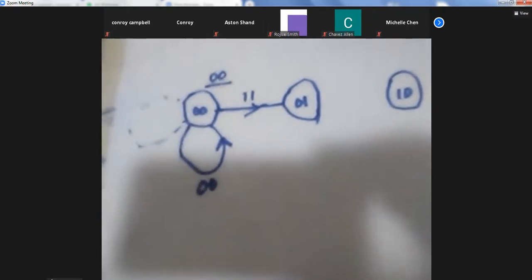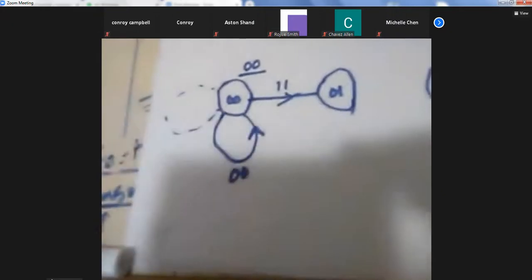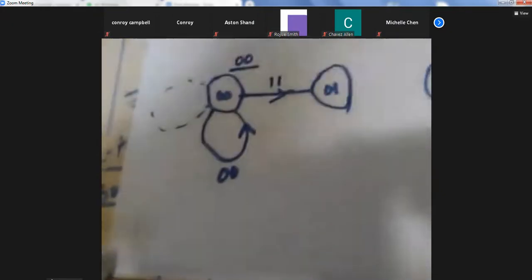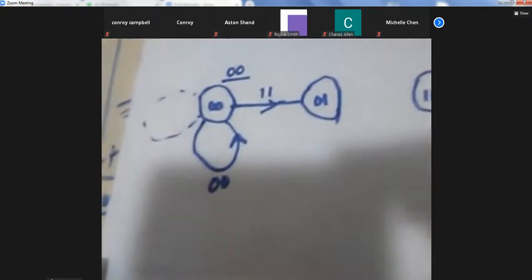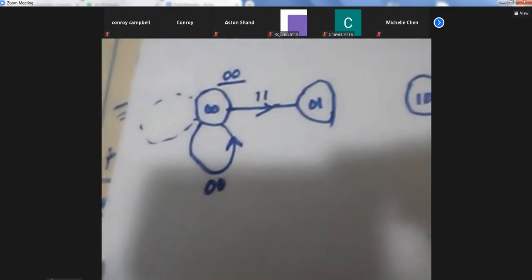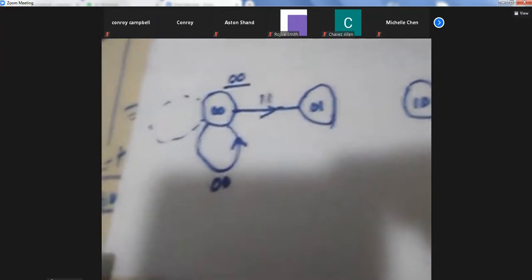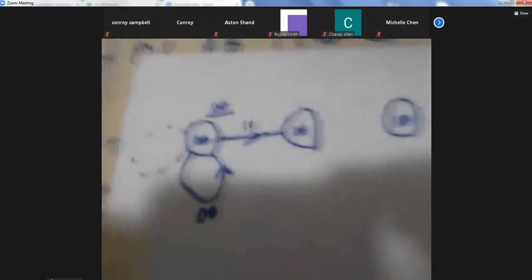But if I leave it out, the circuit will find its way. It may not be as quick or efficient as if I put it in the system. But if I put it in, then the circuit is going to be a little bit more complicated. So I don't know if that makes any sense to anybody.